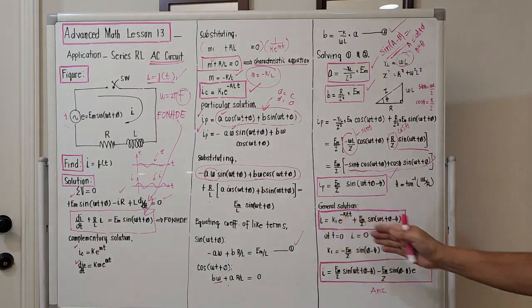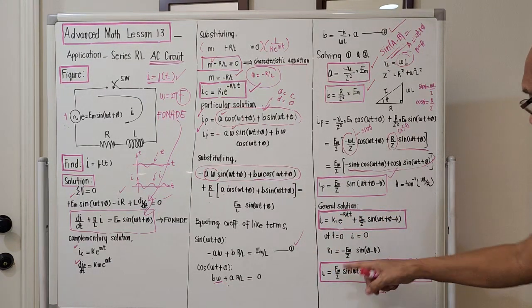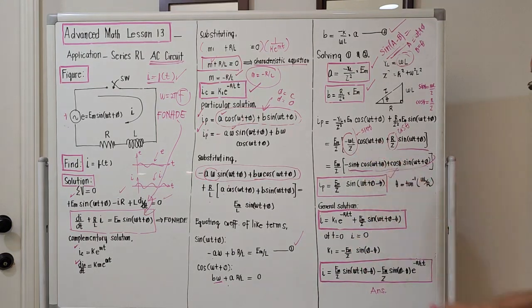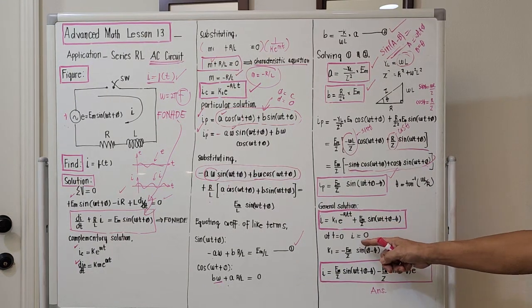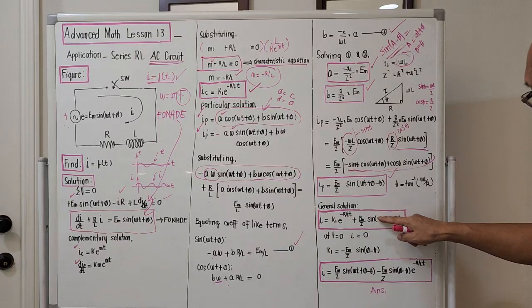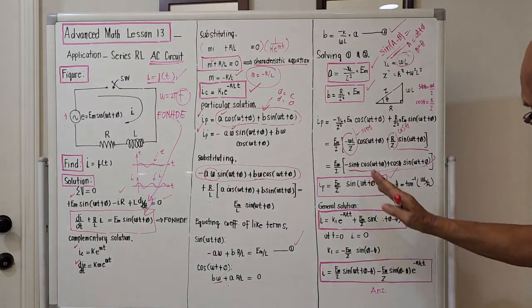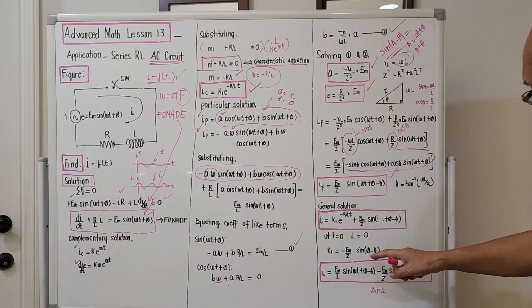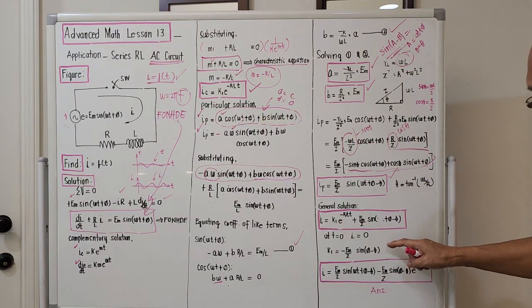K1 will be the ratio negative E sub M over Z times the quantity sine of angle P minus theta. No more omega, because if we place time to be 0, this will disappear, right? So the value of K sub 1 will simply be negative E sub M over Z times the quantity sine of angle P minus angle theta.